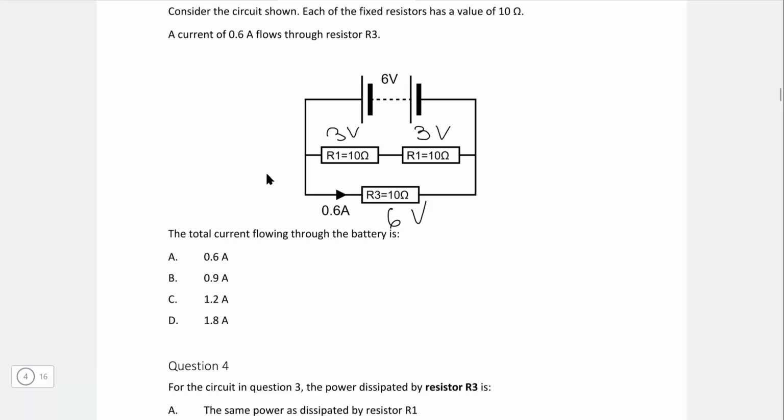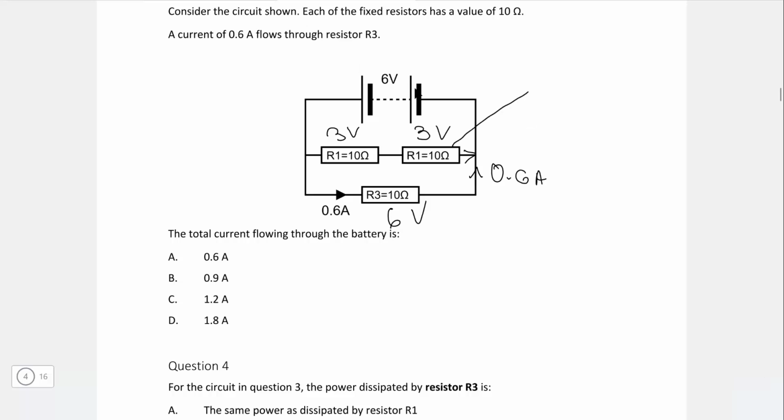Okay, well, 0.6 amps flows through here. So if we have 0.6 amps going through here, there's going to be some current that is added up to figure out the total current. Now, how much current would that be?